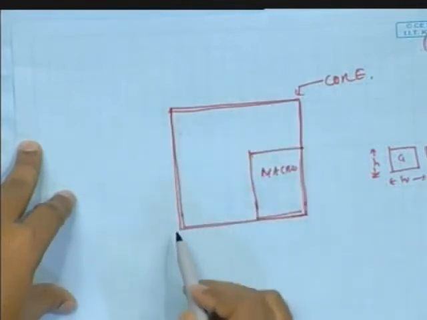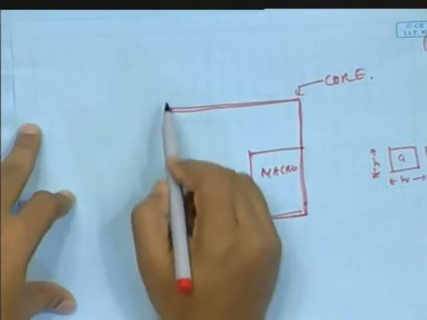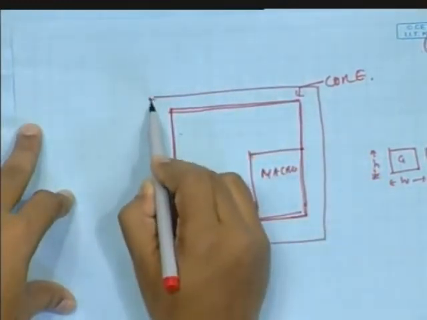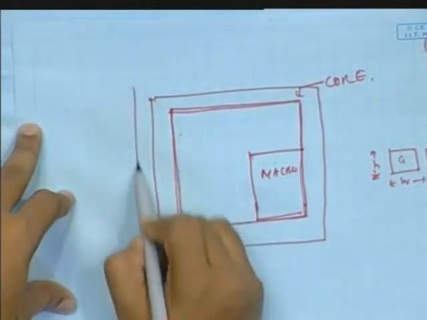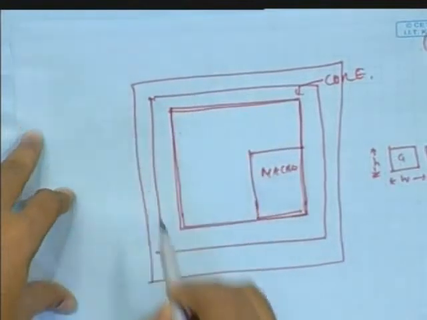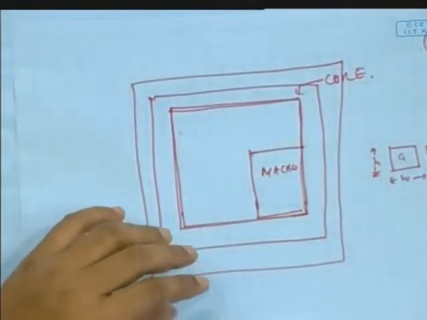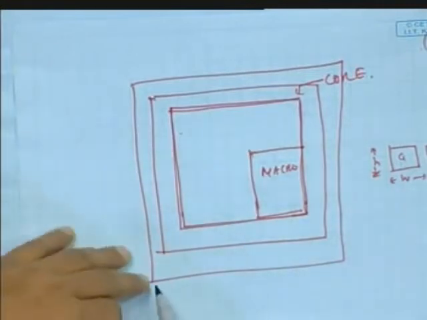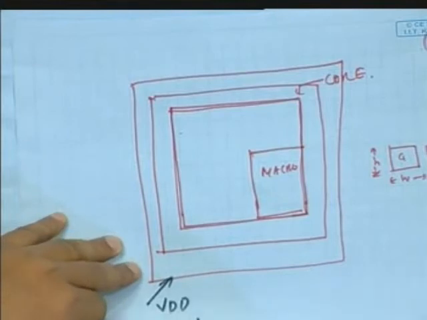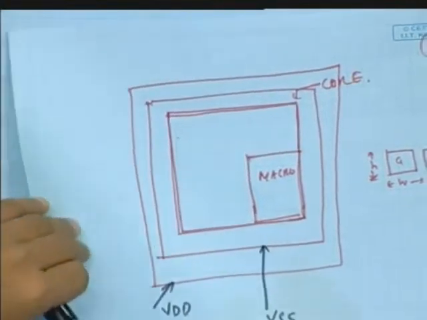This is called the core. Outside this core there will be a power ring, which I will show in the lab. Two rings will be there. One ring corresponds to VDD, the other ring corresponds to VSS.